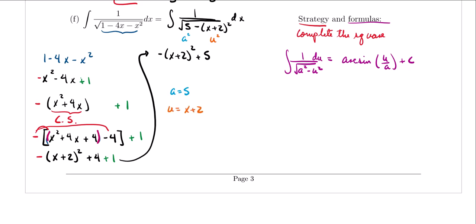Then for our final answer, we're going to have the arcsine of our u, which was x plus 2, divided by our a, which was, whoops, my bad here. The a was not 5, a squared was 5. However, our a is the square root of 5. And there we go. Now we add the plus c, and our final answer is this one. And for now, we are done here, guys.